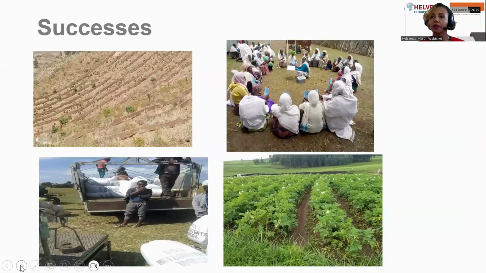Next. These are some of the pictures demonstrating the project activities, land management practices, different seed varieties, as I mentioned, which were distributed to the primary cooperatives through the cooperative unions, women groups. This you can see from the slide.